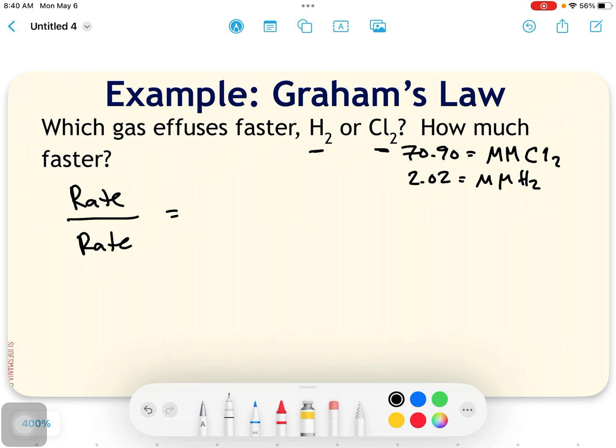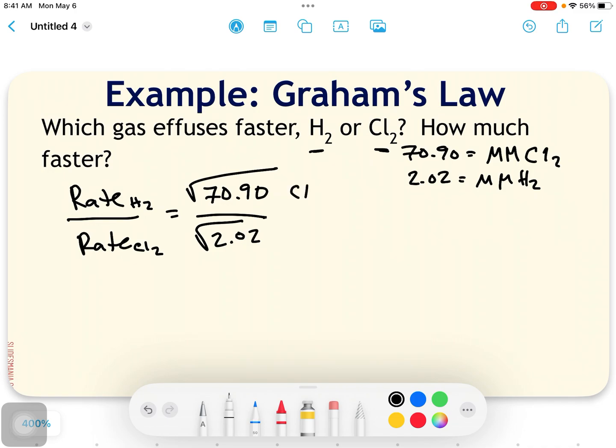So since chlorine is bigger, that means we're going to have the chlorine on top. So when we solve, we're going to have the square root of 70.90 over the square root of 2.02.